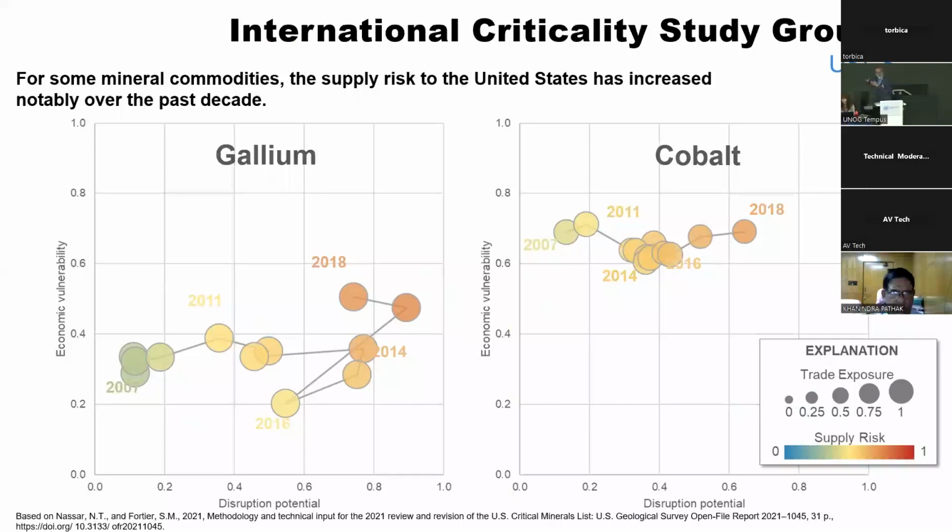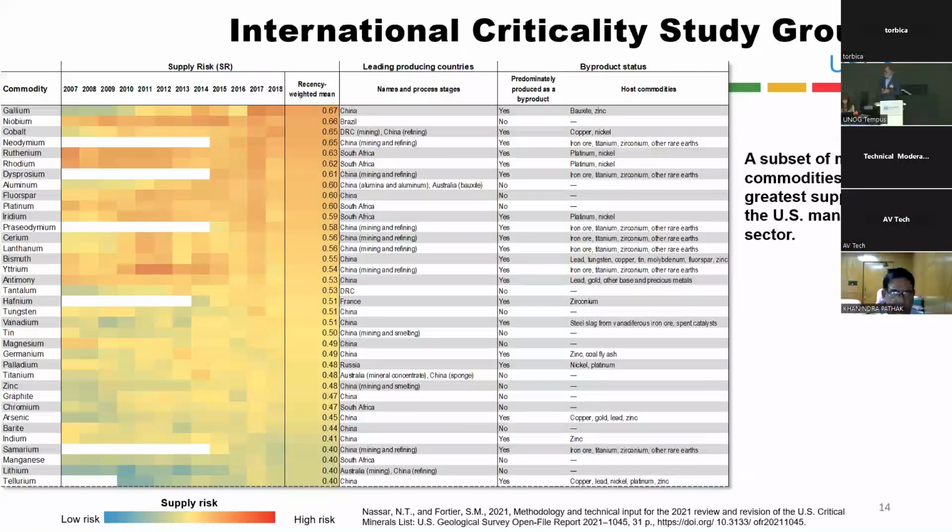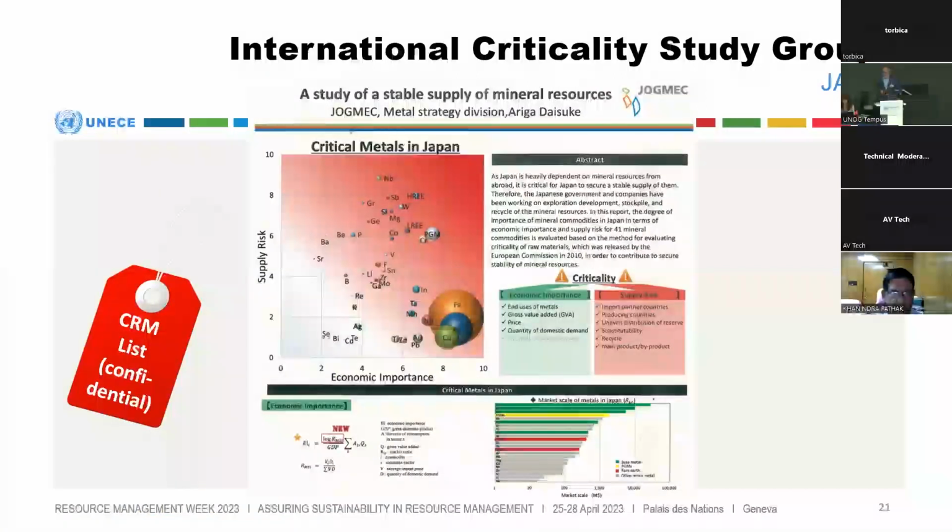For doing this type of exercise, it's very important that the exercise remains a screening exercise. Otherwise, you cannot repeat that annually or even less than annually. Let's go and skip one slide still for the USGS and move to Japan.